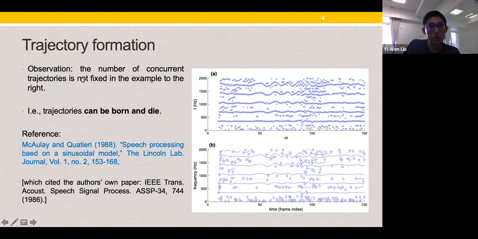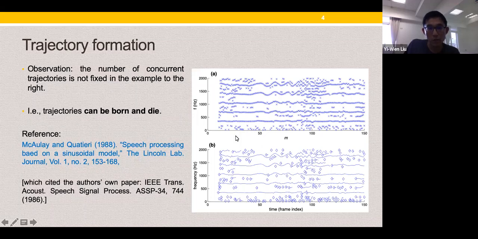We observe this result, which is actually a figure from my PhD thesis. I hope we can agree that the number of peaks, the number of concurrent trajectories, is not fixed.